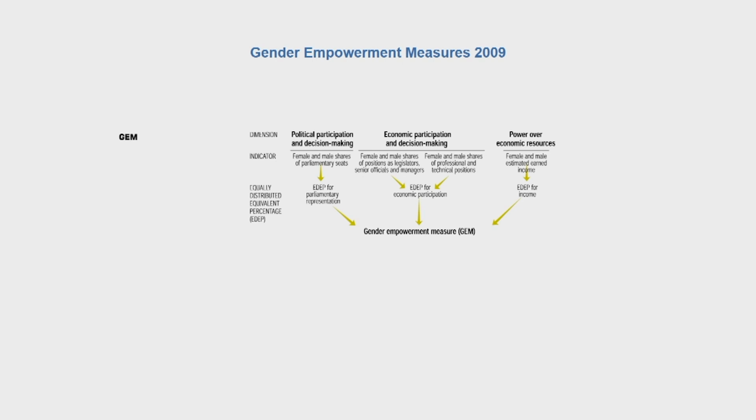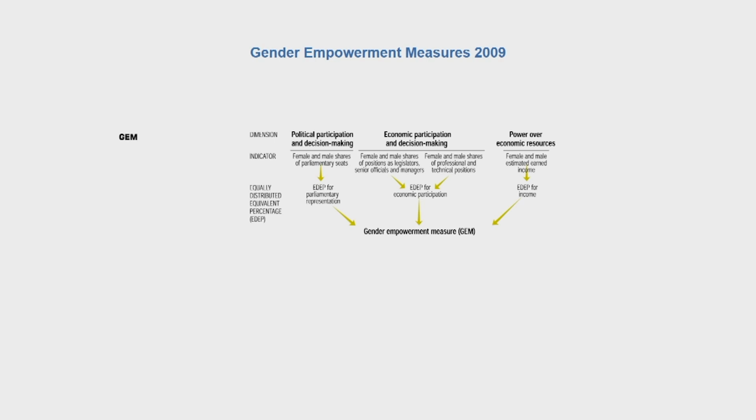Now, the first two variables are chosen to reflect economic participation and decision making power: women's and men's percentage shares of administrative and managerial positions, and their percentage shares of professional and technical categories. These are broad, loosely defined occupational categories. Because the relevant population for each is different, we calculate a separate index for each and then we add the two together.